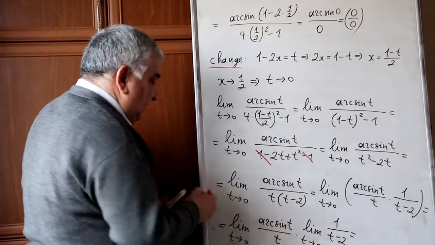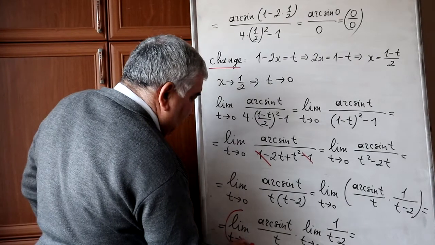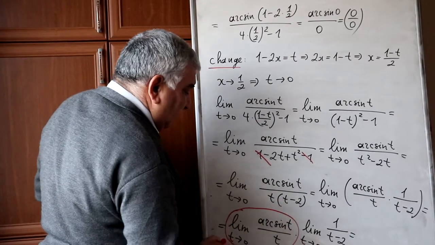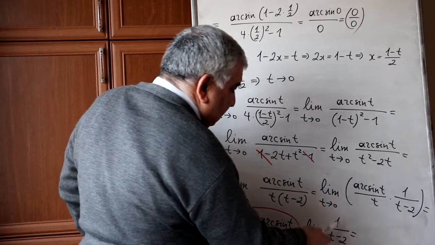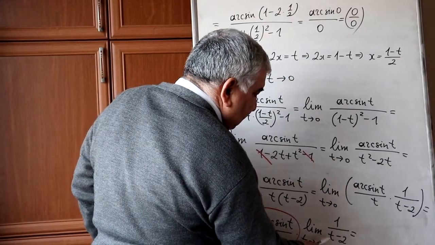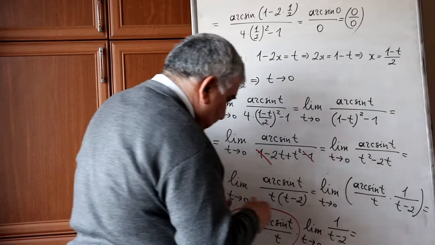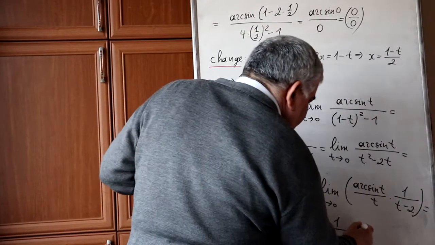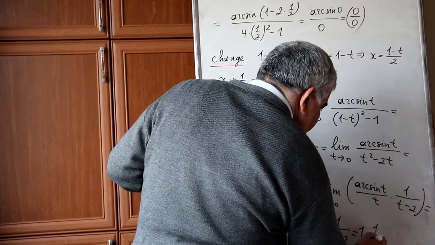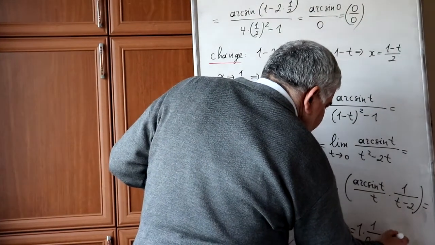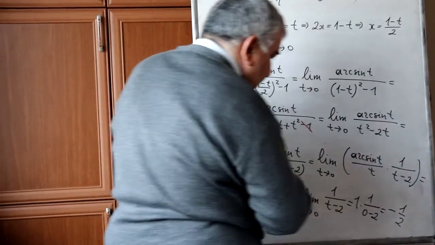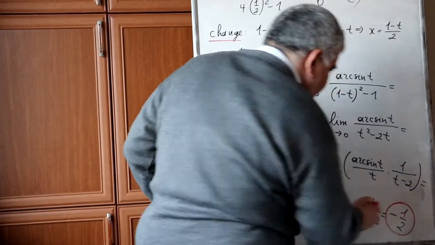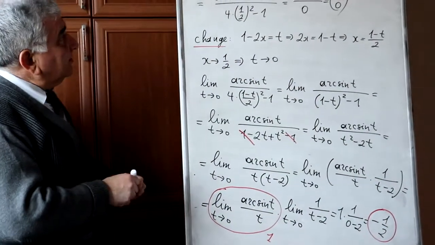The first limit is the arcsine result of the first remarkable limit, and it is unit. And here in the second limit we must substitute 0 instead of t. Then we will have 1 multiplied by 1 over (0 minus 2), and it is minus 1 second. Our answer is minus 1 second.